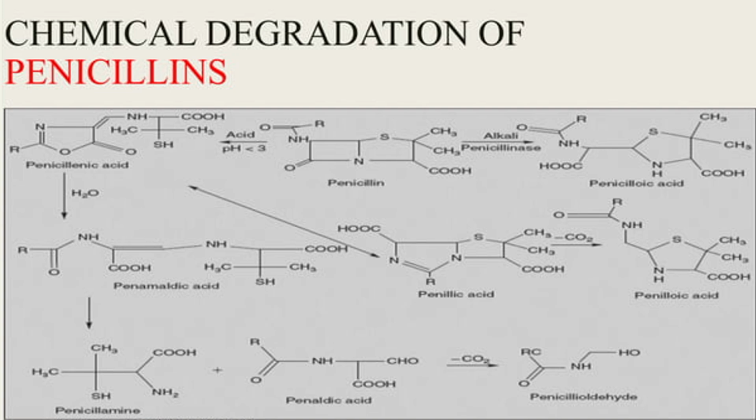So the penicillin compound is unstable in acidic and basic environments. When it comes in contact with either acidic or basic medium, it will form different categories of compounds, that is penicillinic acid.